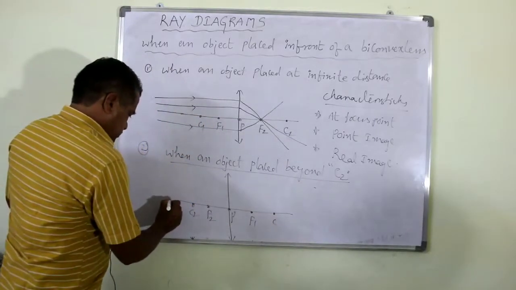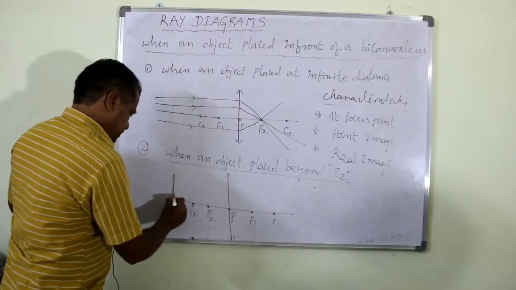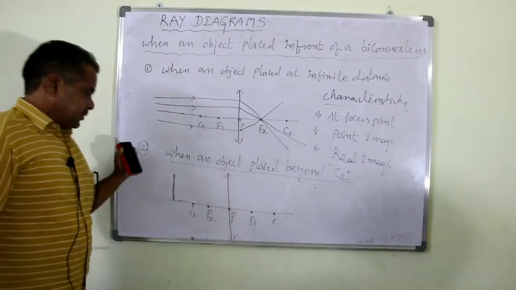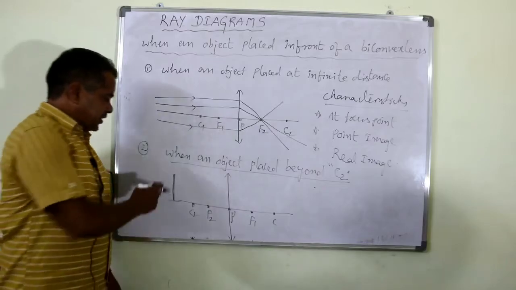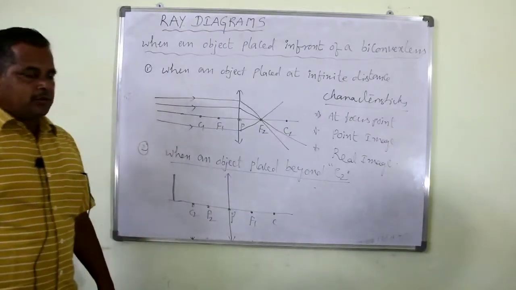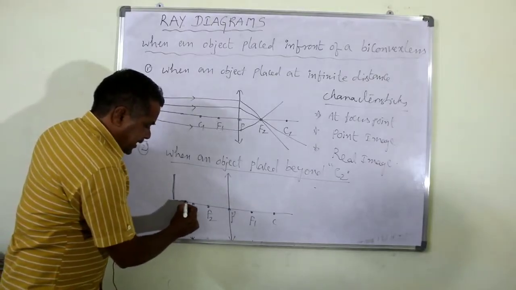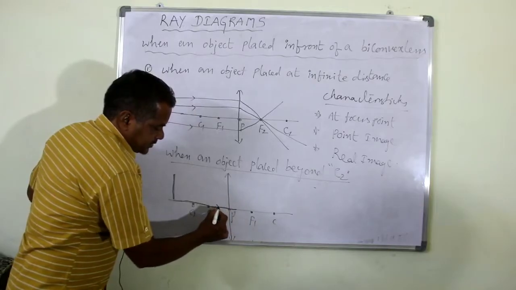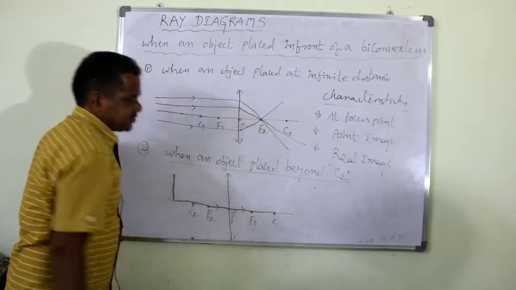Here we are taking one object. It has some height also. It is placed beyond the center of the curvature. To find the image of this object, you have to draw some light rays. One light ray passes through the bottom of the object along the principal axis, and the corresponding refracted ray doesn't deviate its direction.